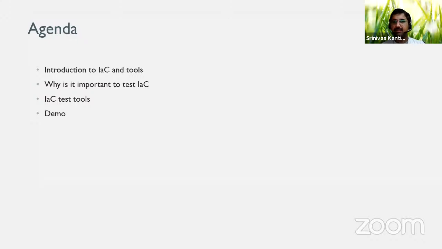I'm sure most of you might have tried IaC, but just so that it will be an easy connect, if I start with IaC and then go into the testing options, it will be easy. Also, if there is someone who didn't have much hands-on experience with IaC, this will help. And then finally, there will be a demo.